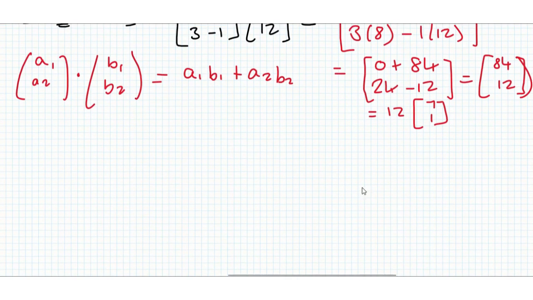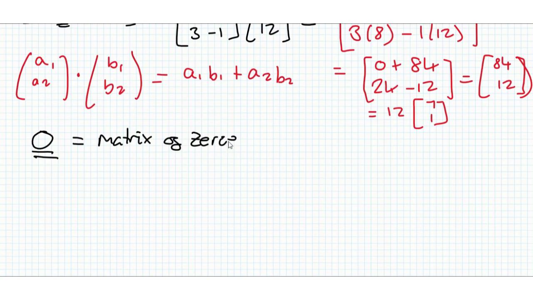That's all we're going to look at for operations on matrices. The next things we're going to do are look at some special types of matrices. So first of all, this notation denotes the zero matrix, which is a matrix of zeros. Obviously you'll need to know what size matrix you're working with.